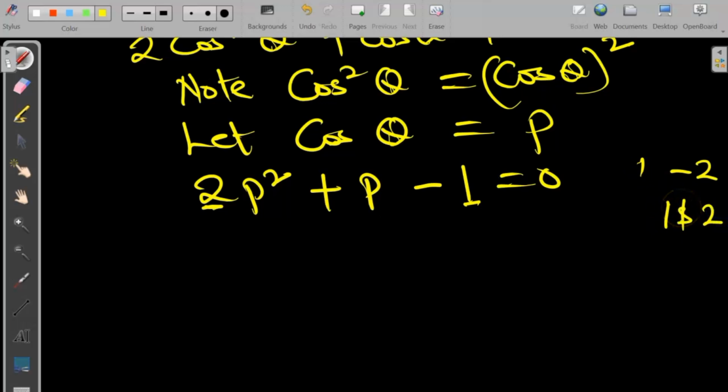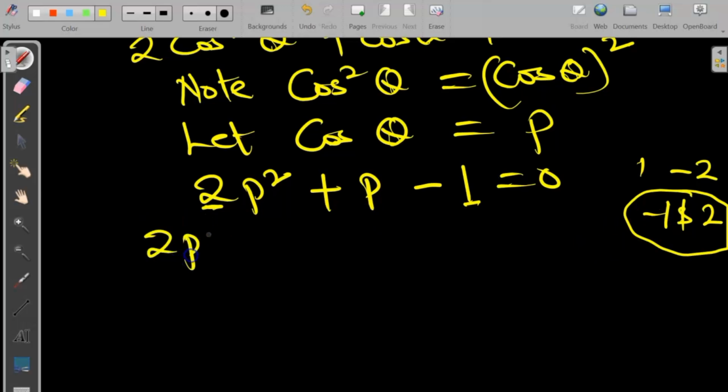For us to get minus 2, one of the factors must be a negative number. Then if we add and get a positive sum, the smaller number is the negative number. So 2 minus 1 is 1. Minus 1 times 2 is minus 2. So the factors are minus 1 and 2.